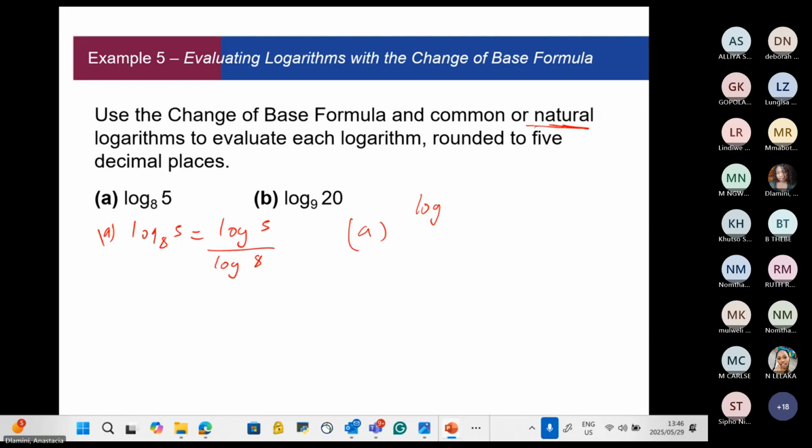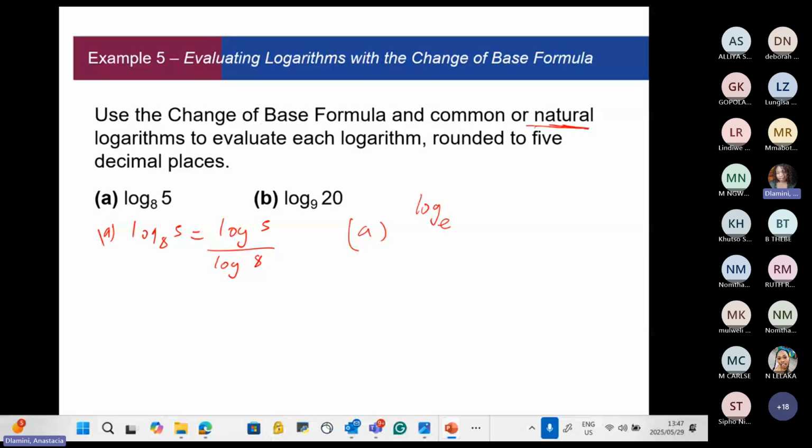Now, what is the base of a natural log? Base e.